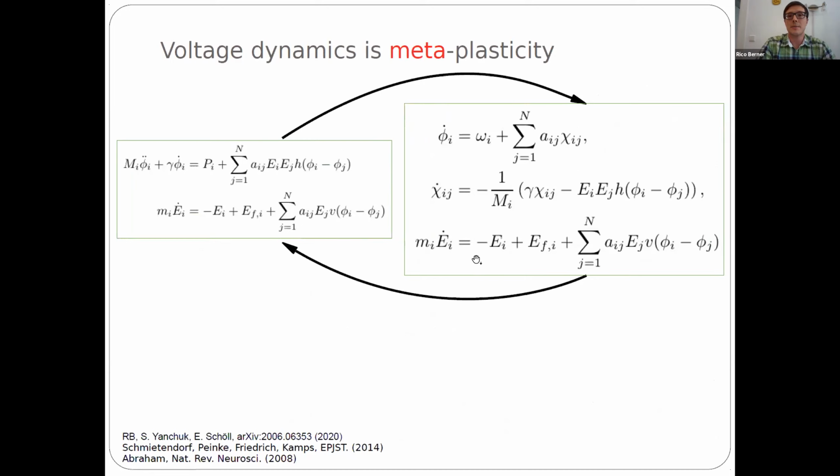Here the voltage dynamics, if you go back to the neuronal context, can be interpreted as meta-plasticity, so additional adaptivity of the adaptivity.